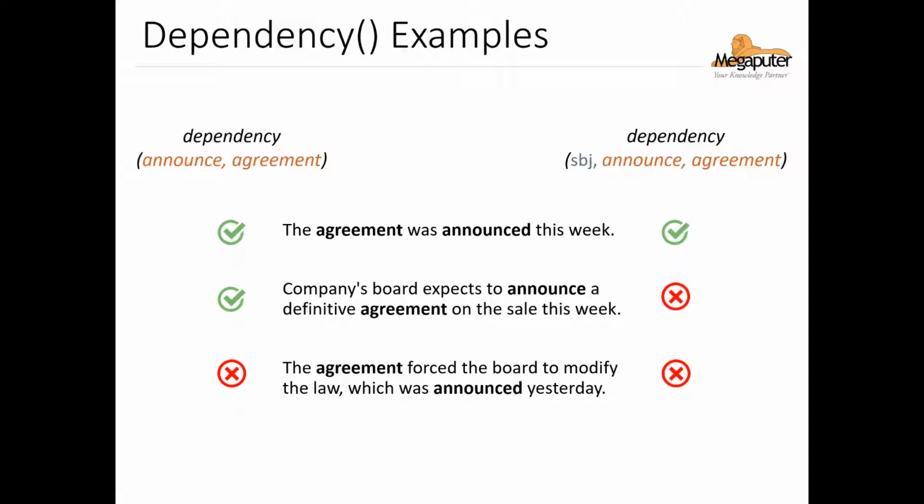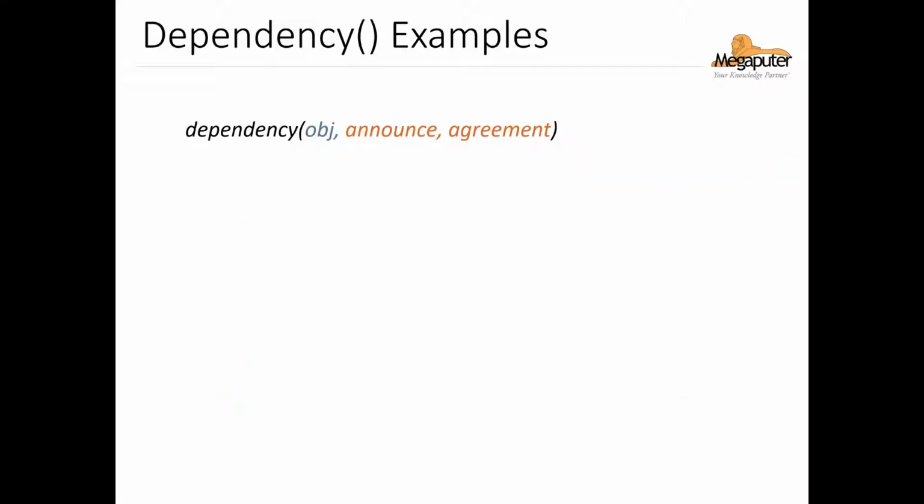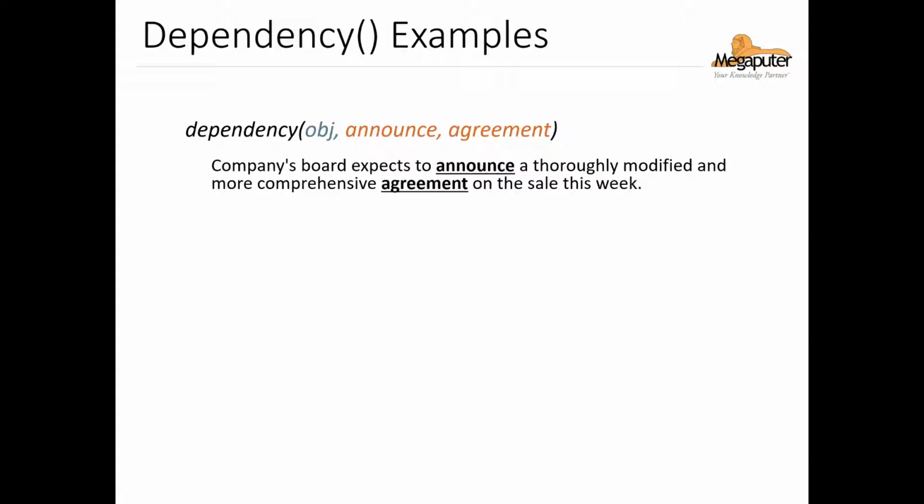So it's, once again, not being matched. So we've seen how we can add this syntax relationship argument. We'll look at some more examples here. The company's board expects to announce a thoroughly modified and more comprehensive agreement.